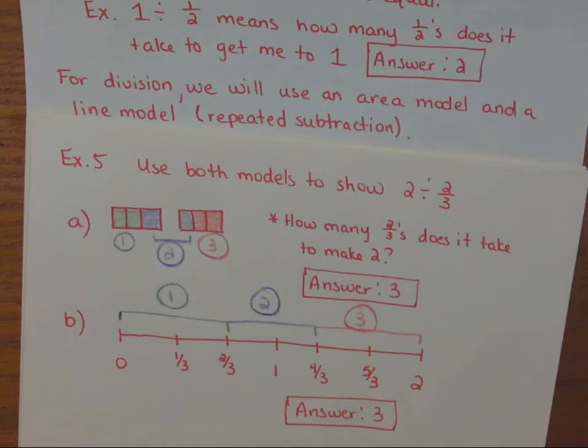Okay, so I want you to go ahead and take out exploration 5.12, the one that says an algorithm for dividing fractions. And we're just going to look at a couple of these.